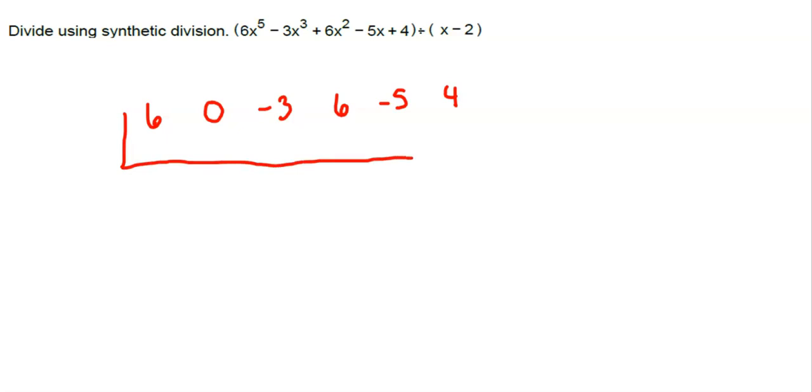So we'll ask ourselves, what makes x minus 2 equal to 0? That's 2. To start, we bring that first number down, bring the 6 down, and now multiply, add.